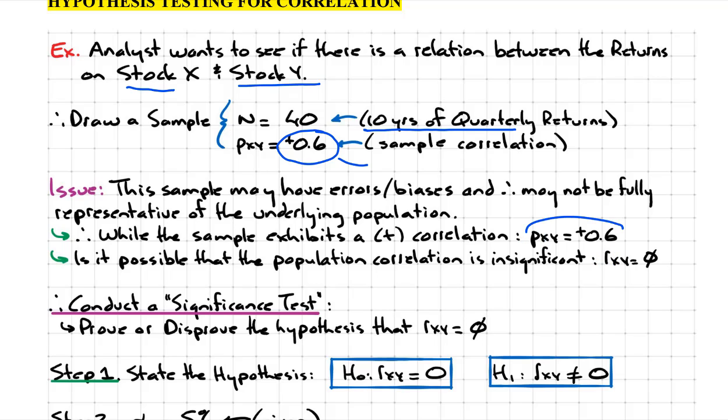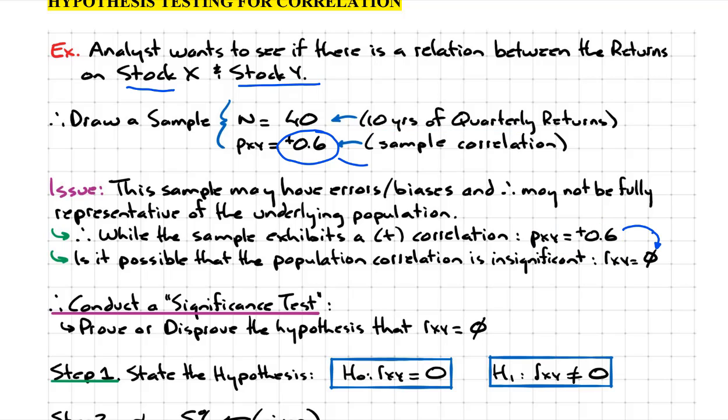So the sample here was calculated using 40 observations. But again, the population theoretically represents all possible observations. And what we want to know is, after we factor in the margin of error that comes with using samples, is it possible for the true correlation between X and Y to be 0?